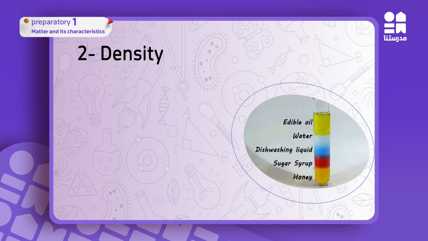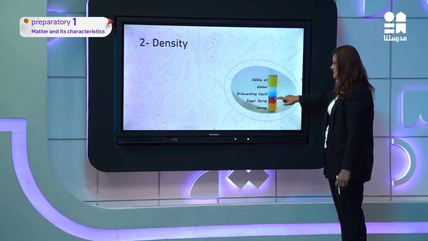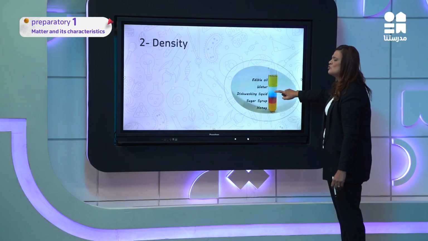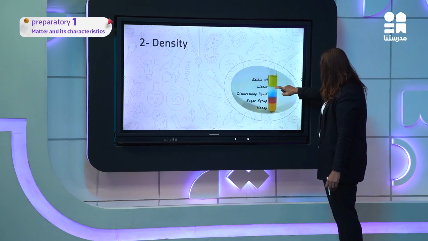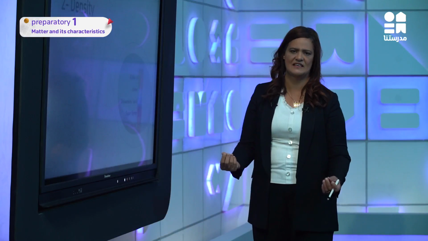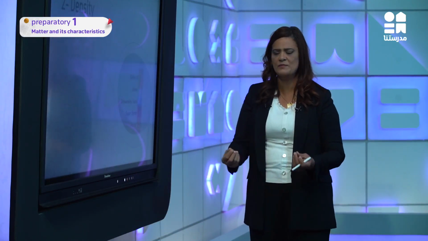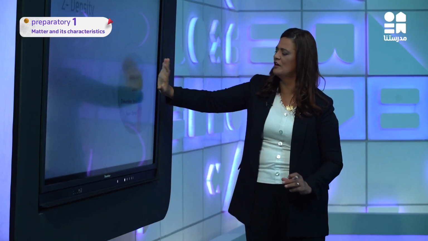I will explain it clearly. If we have a beaker like this or a test tube like this, and we fill it with honey, sugar syrup, dishwashing liquid, water, and edible oil. What's meant by edible? Edible means can be eaten. The oil that we fry with and use in the kitchen is edible oil.